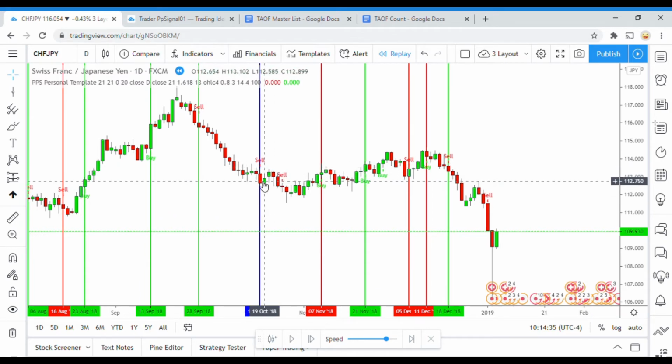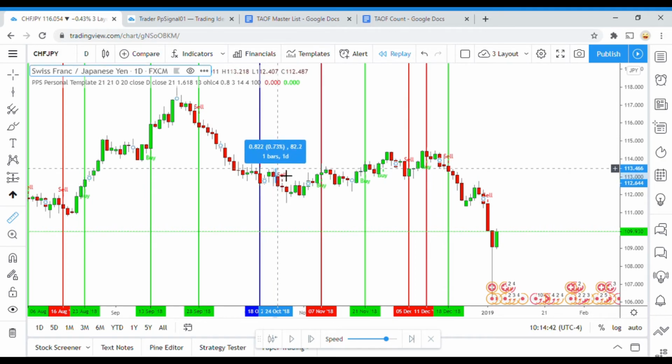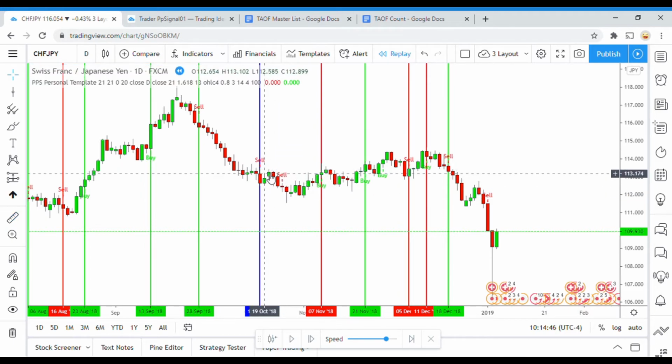So technically, we would have still been in a trade. We would have taken a short right here. We didn't get stopped out with this move up. It stayed underneath the 90%. And so we would have still been in a position right here as this one came back down, and we would not have taken profit yet when this candle closed.